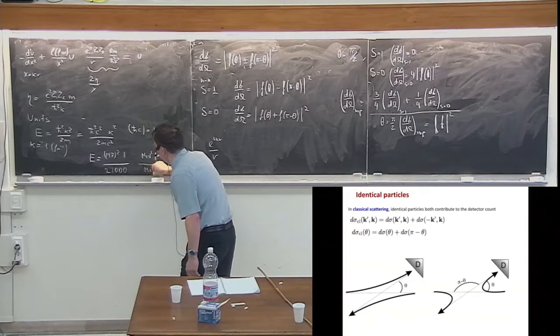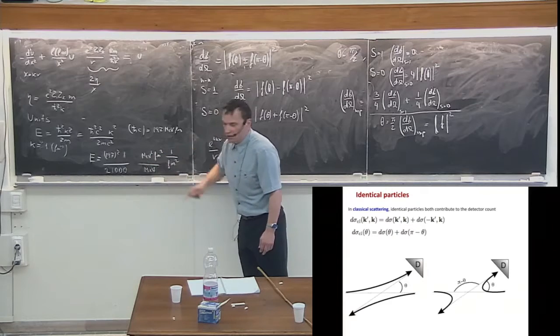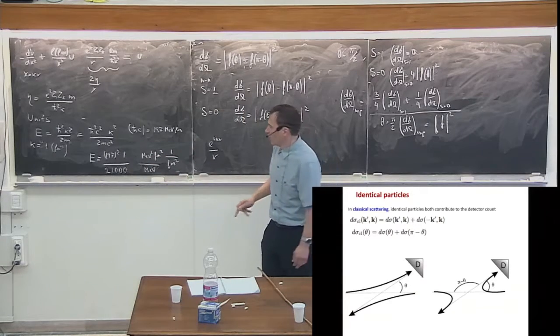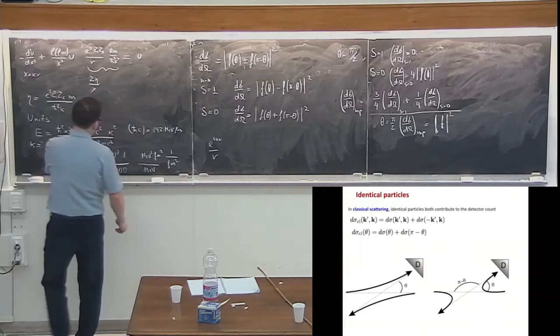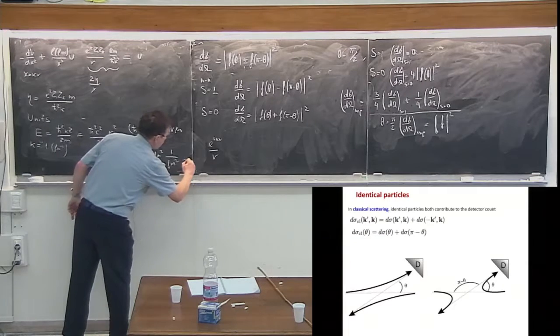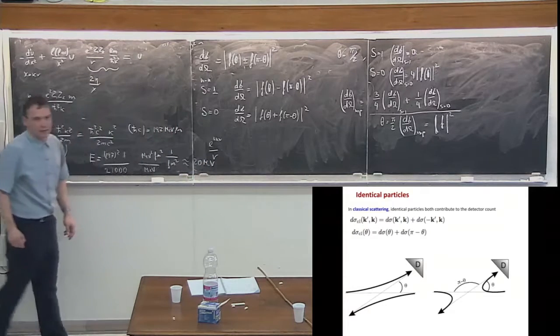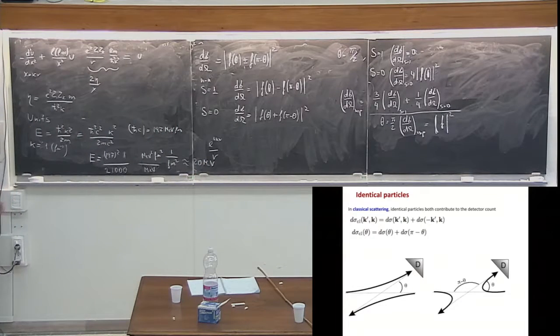You see femtometers cancel, and I have MeV correctly, right? Numerically, this is about 40 over 2, so about 20 MeV. Okay, so these are the steps of evaluation.